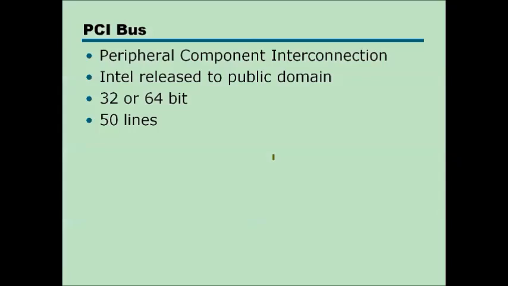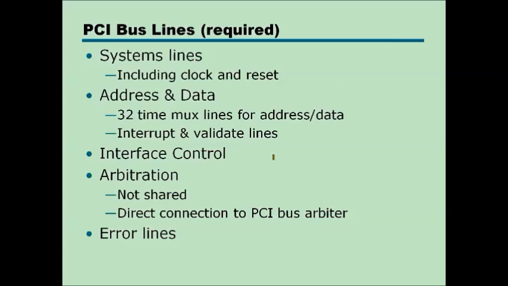PCI bus. PCI means Peripheral Component Interconnect. Intel released it to the public domain. It could be 32 or 64-bit, and is composed of 50 lines. The PCI bus lines are the system lines, address and data, interface control, arbitration, and error lines.